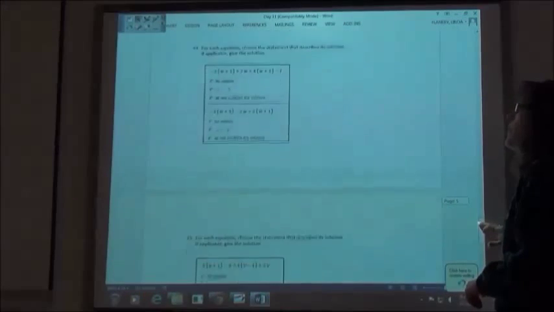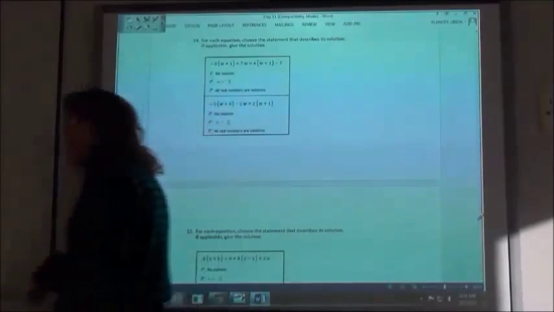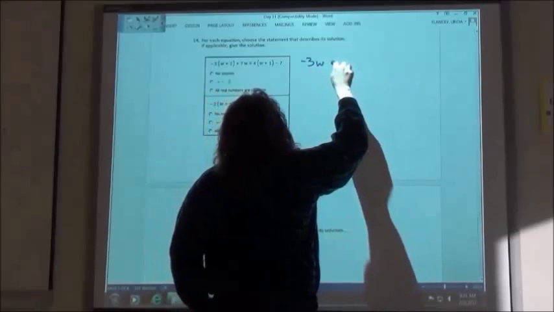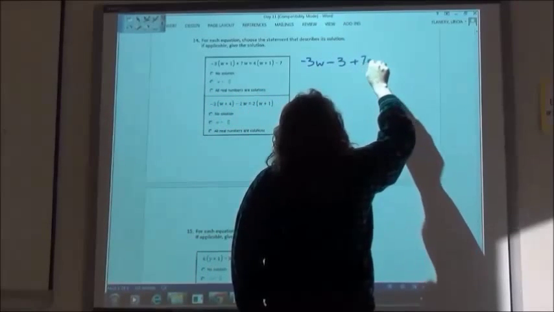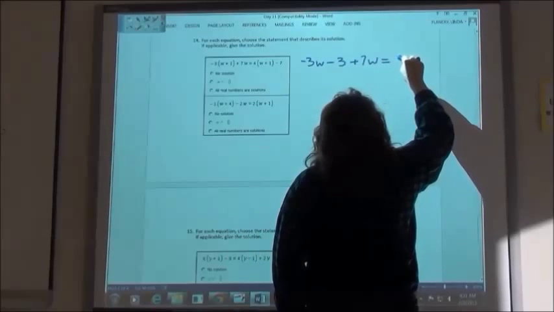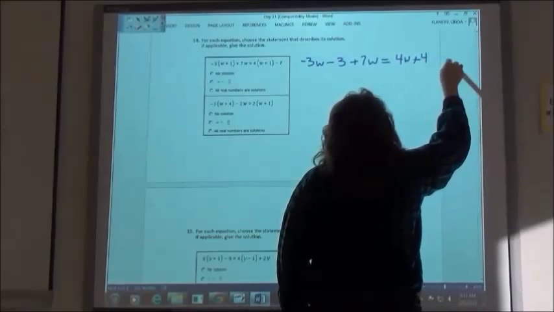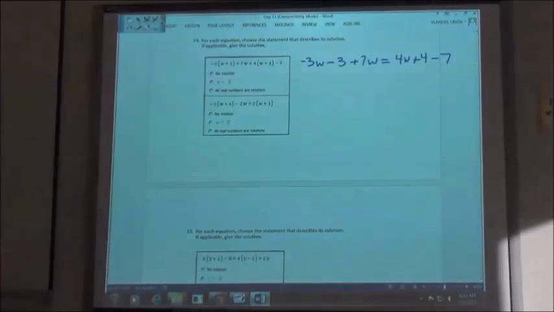So, number 14, same thing. Got to get rid of our parentheses. If we do the top one, negative 3w minus 3 plus 7w equals 4w plus 4 minus 7.